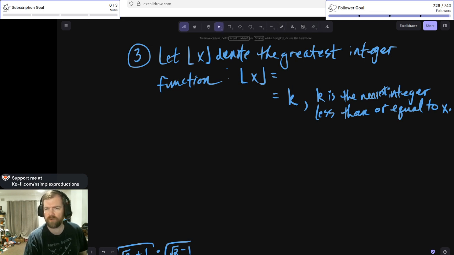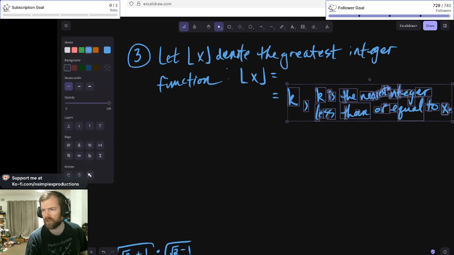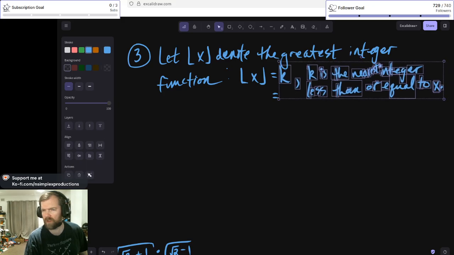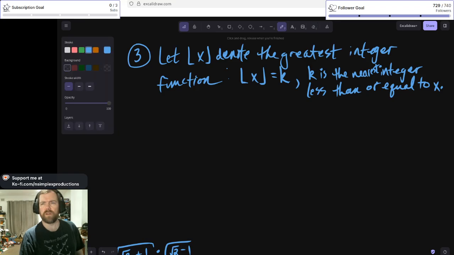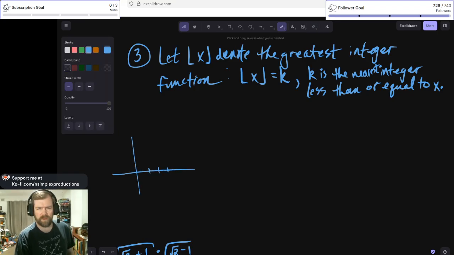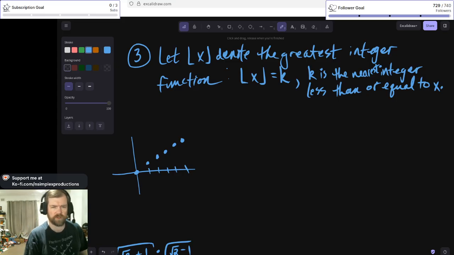All right, so those of you who don't know your floor function, if we have values on all of our whole numbers, then we end up with just literally those numbers.